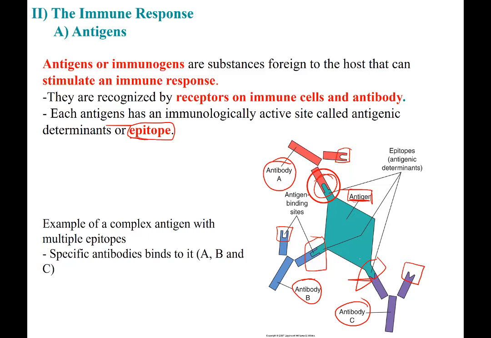Okay, so that's important. Really make sure you understand epitope. Make sure you understand why you need to produce different types of antibodies to recognize these different epitopes, and understand also that once you have all the antibodies you need, then you are immune to this particular antigen.